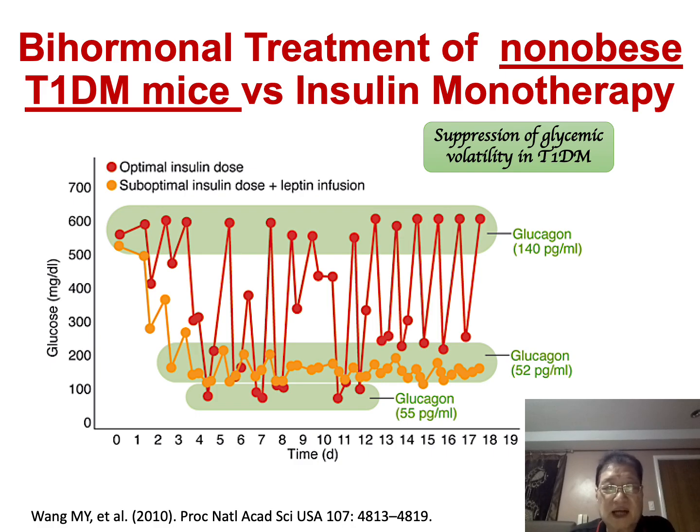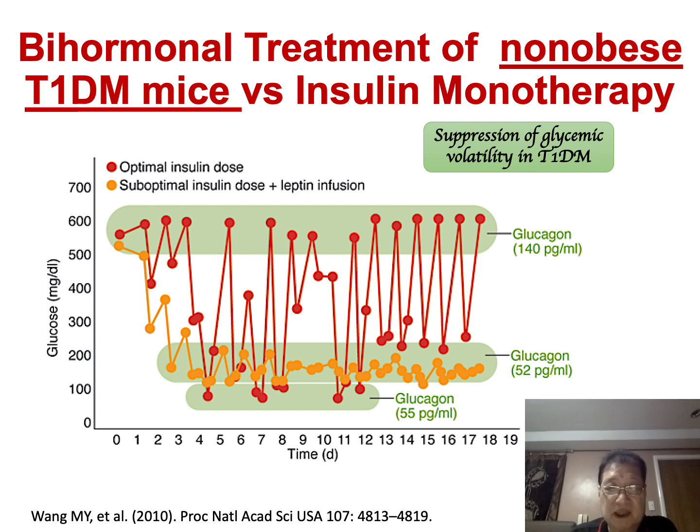This is in a non-obese type 1 mice given two hormones versus just one insulin monotherapy. Okay? Comparison of blood glucose level in non-obese type 1 DM mice treated with insulin alone per day or a lower dose of 0.02 unit per day of insulin plus leptin.